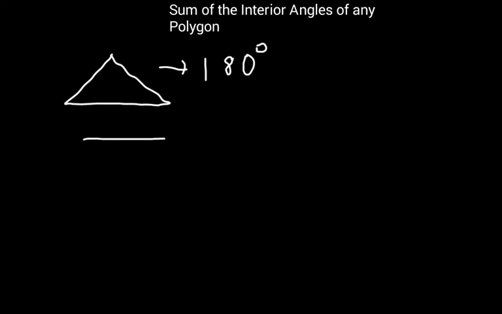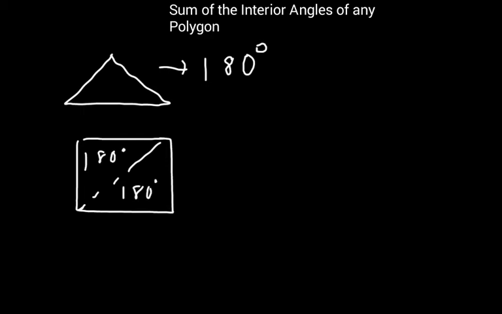So if we have a quadrilateral, you know from the previous video that that's 360, and it's because you can make 2 triangles. Draw a diagonal, and a quadrilateral you can make 2 triangles out of, and each of those triangles has a sum of 180 degrees for the interior angles, and the 2 180s make 360.